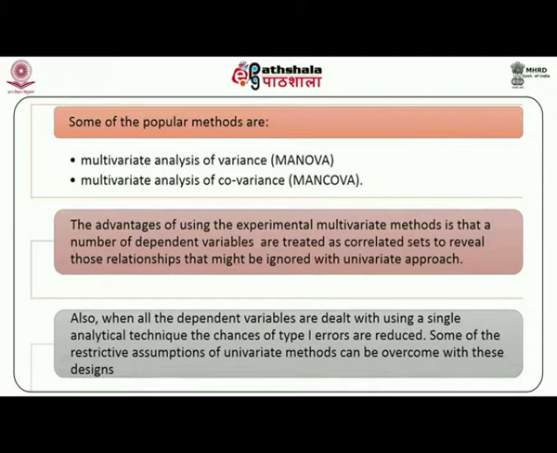Also, when all the dependent variables are dealt with using a single analytical technique, the chances of type 1 errors are reduced. Some of the restrictive assumptions of univariate methods can also be easily overcome if we apply these multivariate methods and research designs.